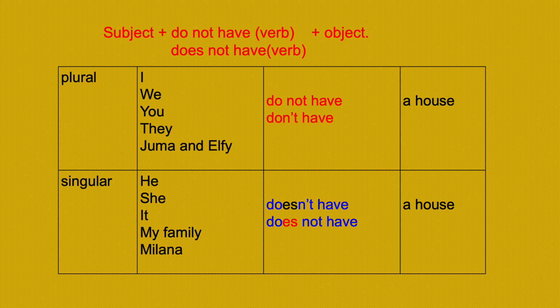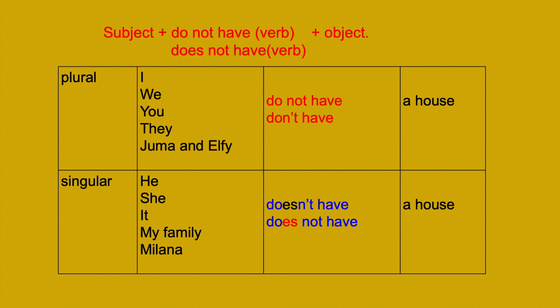Then a house. I don't have a house. We don't have a house. You don't have a house. They do not have a house.